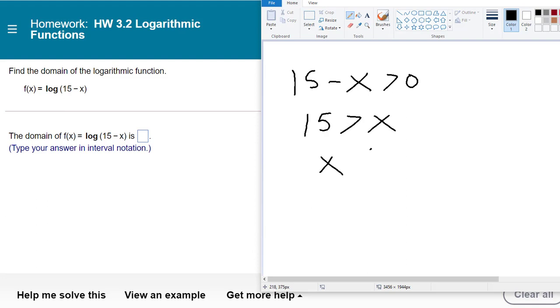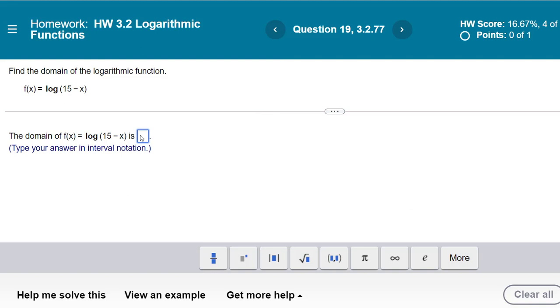That means x has to be less than 15. Look, if you put something bigger than 15, you're going to get a negative in there. So less than 15 is negative infinity to 15. And if we were to graph this one, it's going to go in the opposite direction because, look, there's a reflection in there. Okay? So from negative infinity to 15.